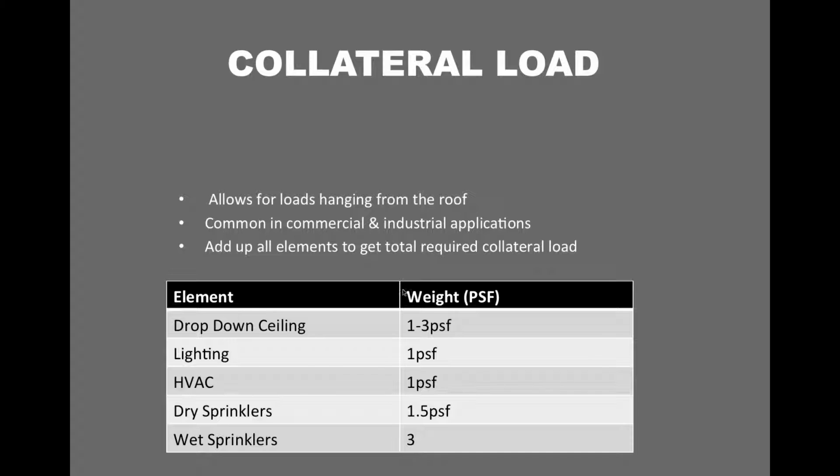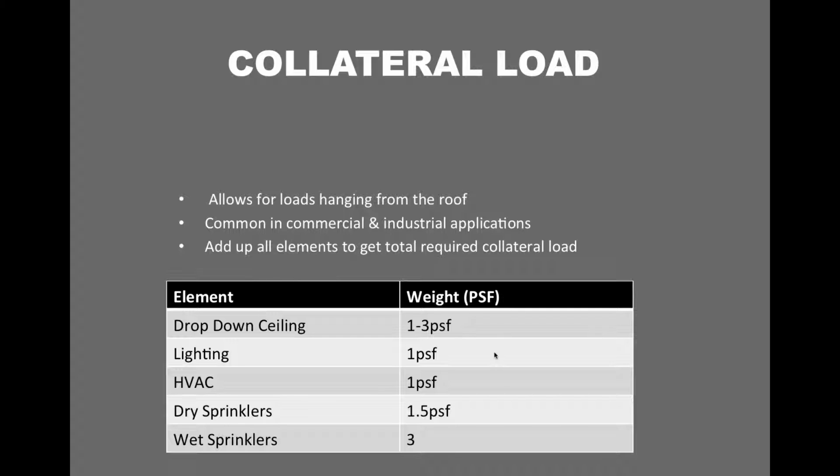So the big thing here is you mostly see a higher collateral load in commercial and industrial applications, just because they have a higher likelihood of having to be sprinklered or having HVAC or even a drop-down ceiling. The way to get your total collateral load is you would take all these items and add them up.